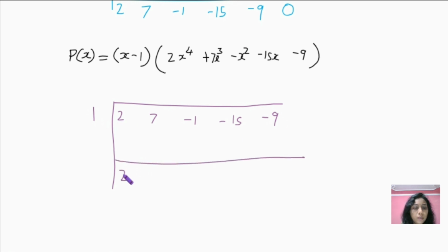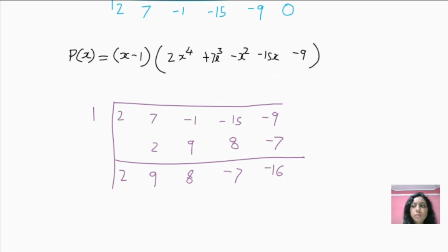Now bring down 2, 2 times 1 is 2, which is 9, 9 times 1 is 9, 8, 8 times 1 is 8, and this is minus 7, minus 7 times 1 is minus 7, and this is minus 16.